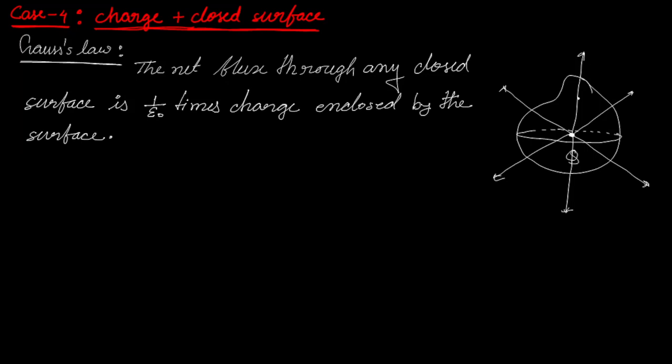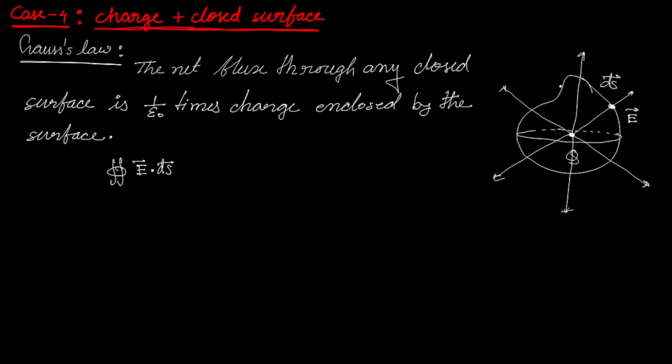So if, let's say, at any point on the surface, because of this charge the electric field is E, and in this region the elementary area is ds, then we can write this statement of Gauss law in mathematical form. E dot ds is the flux through this elementary area.